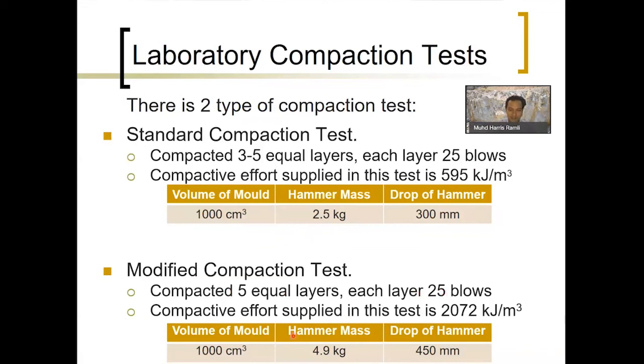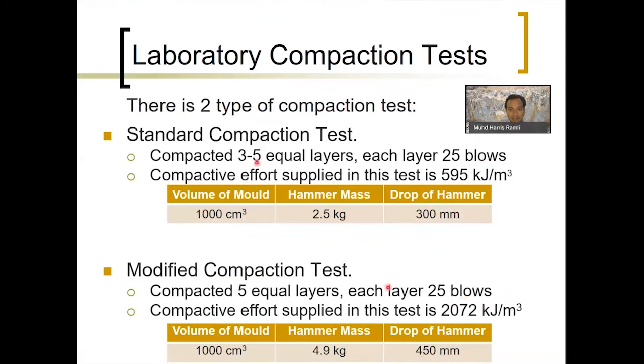The mass of the hammer is increased, as you can see, this is 4.9 kilograms and this is 2.5 kilograms. The drop height is also increased to 1.5 feet, 450 mm. With this, you get almost 4 times the energy supplied to each layer of the soil.